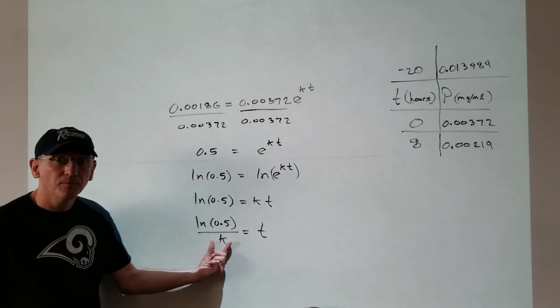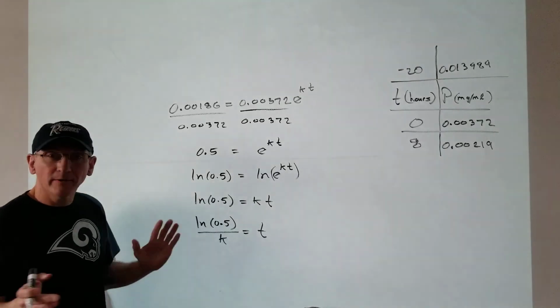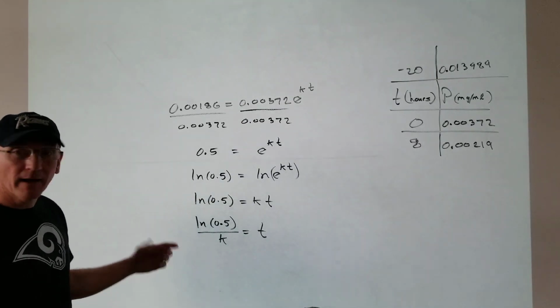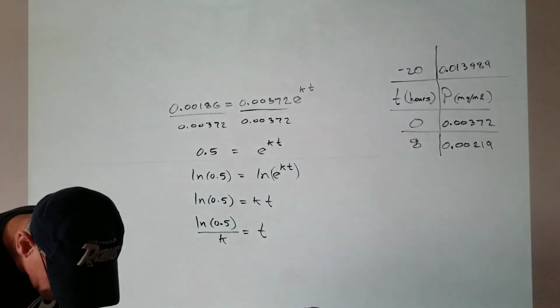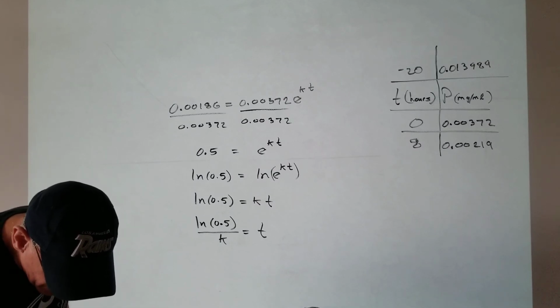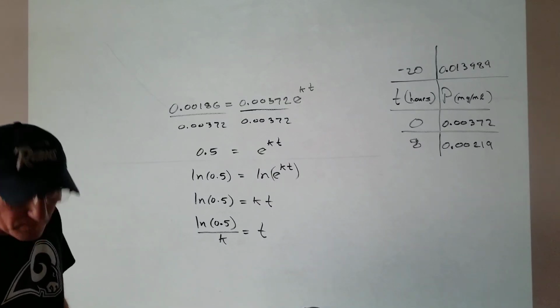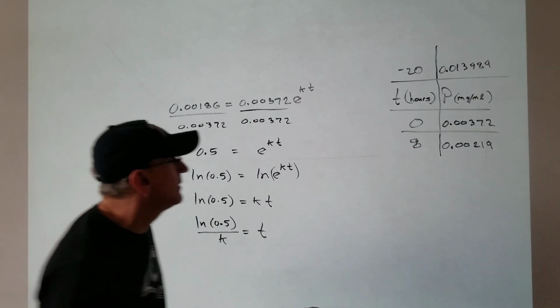That's it. So if you're in a hurry and you're taking a test and nobody's looking at your work, maybe it's multiple choice, got a half-life problem, just do that. Let's see what that value is. Log 0.5 divided by k.